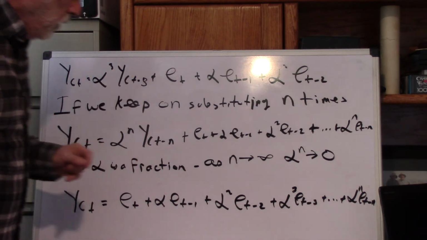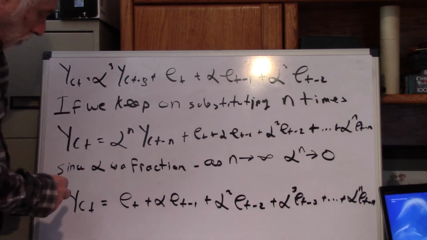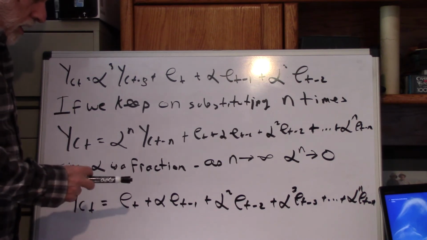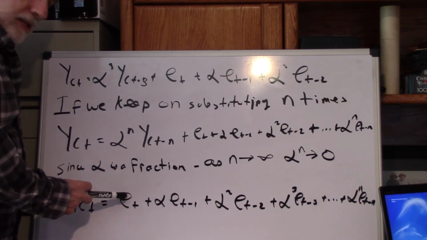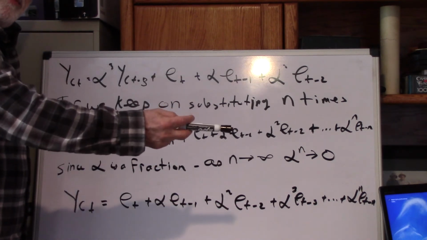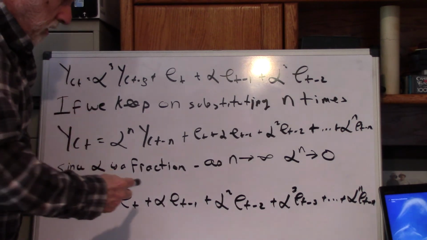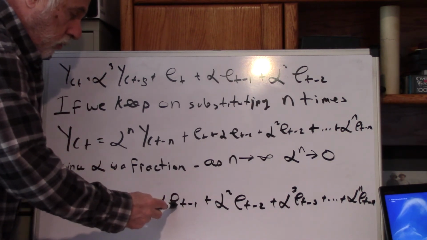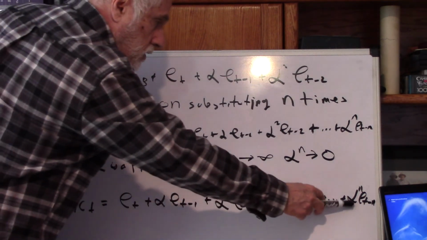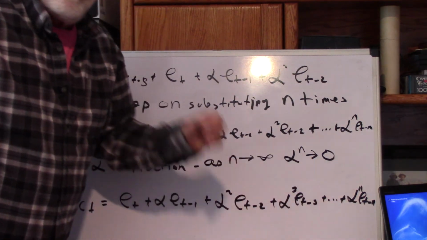But again, what we're saying here is we did a bunch of algebra, and we decomposed Y^C_t into a demand shock in period t, e_t, plus a demand shock last period, which is multiplied by alpha, but since alpha is a fraction, the impact of e_{t-1} is smaller in period t. If you go back n periods, that alpha to the nth power could be very, very small.